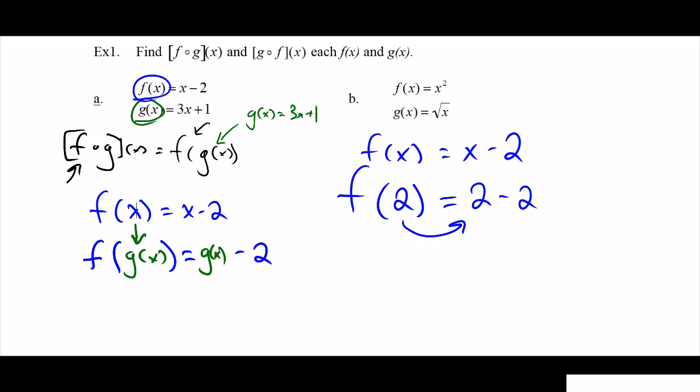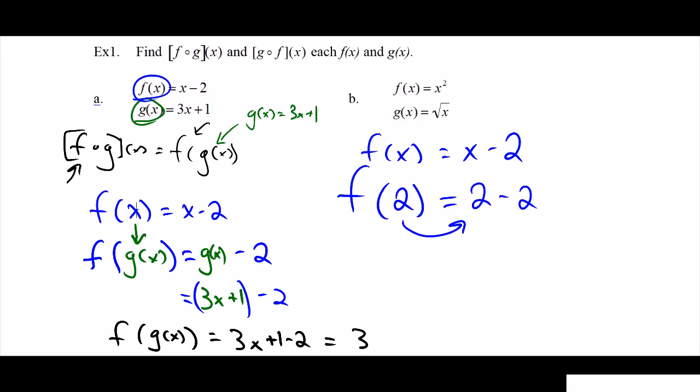Now that may be a little bit confusing, but what is our g of x equal to? Our g of x is equal to 3x plus 1, minus 2. So our new function, f of g of x, is equal to 3x plus 1 minus 2, which is equal to 3x minus 1. So that's going to be our new function, and that is the answer that we're looking for.